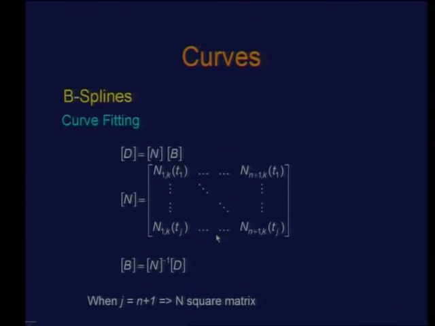Clearly, if I set this as a system of equations, I can solve for b by inverting N and multiplying by d. And if the number of data points, which is j, is the same as n plus 1, which is the number of control points I am trying to compute, then I get N as a square matrix, which I can invert easily and obtain the corresponding control points, right.